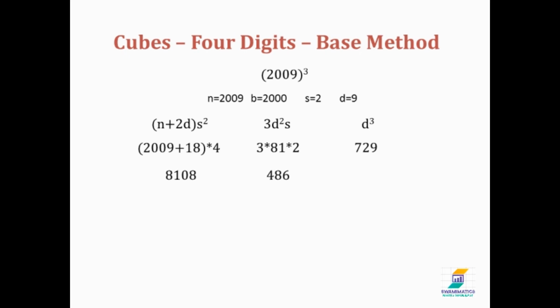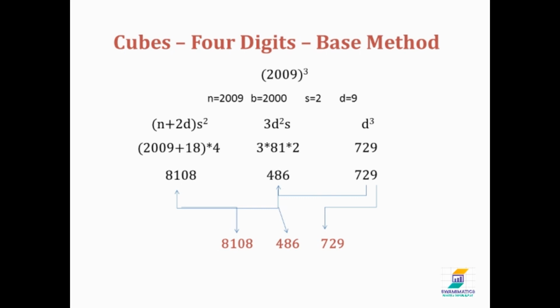Before I put the last one, please notice one thing. The base is with 3 zeros. That means in this case you need to take for your answer 3 digits at a time. Since all your numbers are 3 digits, straight away this gives you the answer. So 8108 486 729 is your cube of 2009.